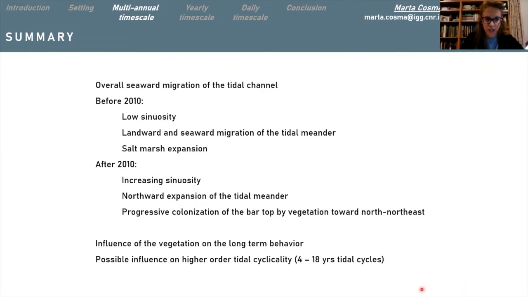This is again related to the influence of the vegetation on the long term and possibly the influence on the higher order tidal cyclicality.